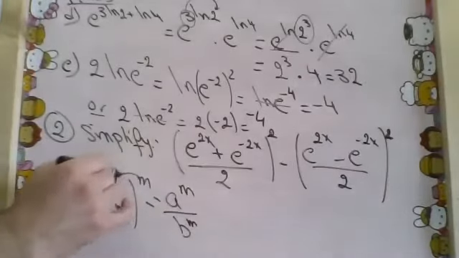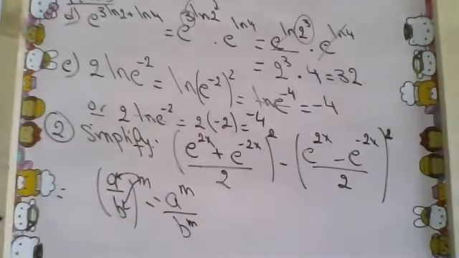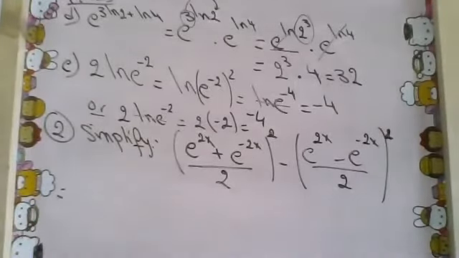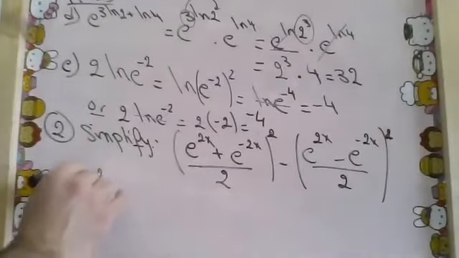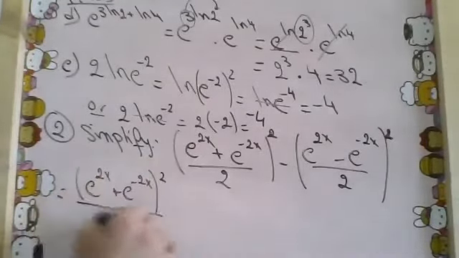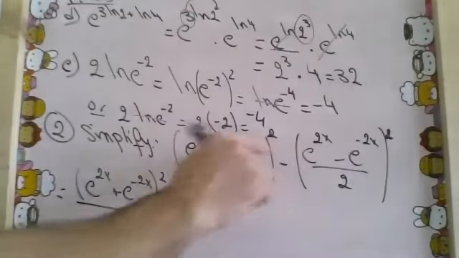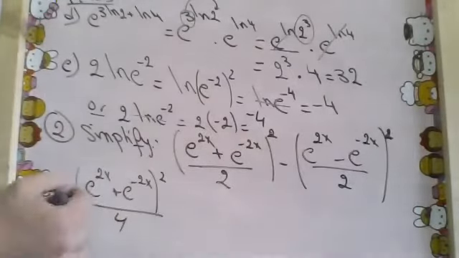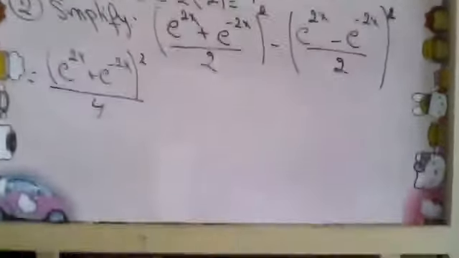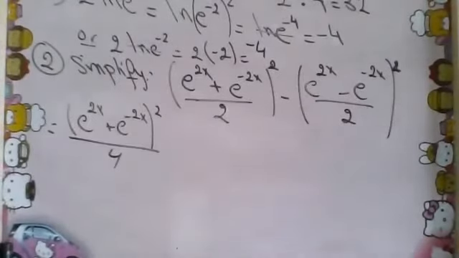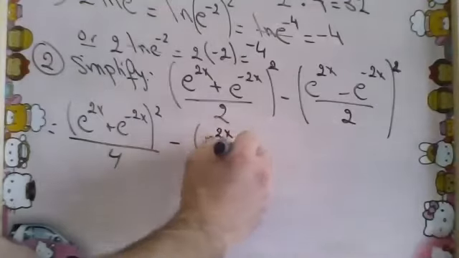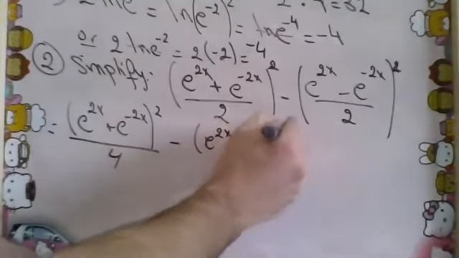You distribute the power. If you write it in detail: e power 2x plus e power negative 2x, all of it to the power 2 over 4, over 2 squared, which is 4. In the numerator you apply the identity. Did you understand, Ali? Yousef?